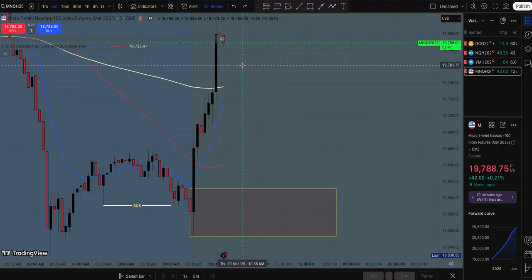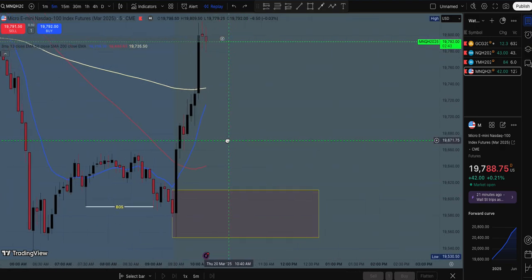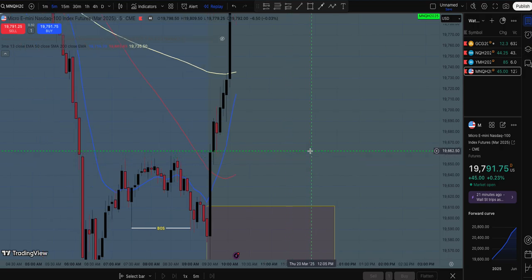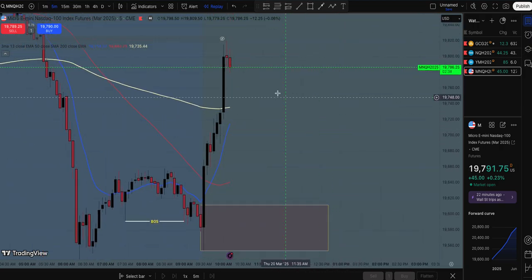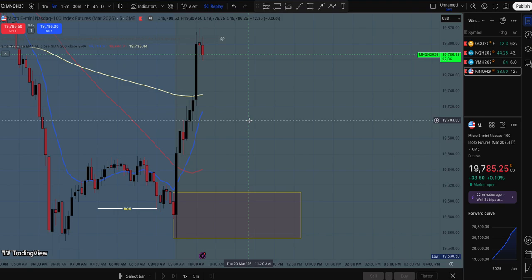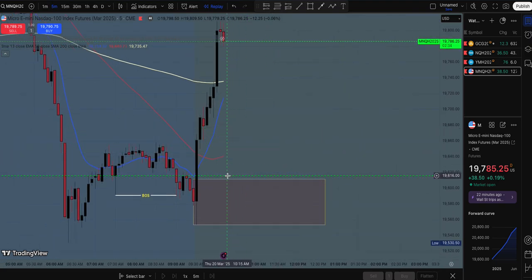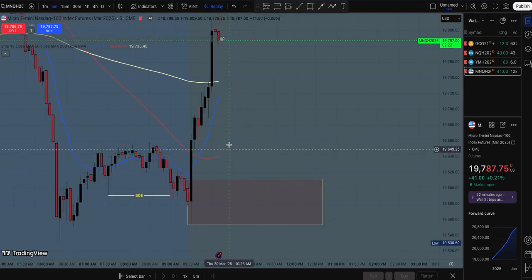Why this could be a risky setup if we get the pullback, right? This looks good, but you also have to pay attention to market structure and trend, right? Now if price comes all the way down here, then there's a possibility that we change trend and go the other direction. But ideally, on a normal day, you don't want the price to push down into this and reject, get a strong rejection, no close inside of the zone, right?